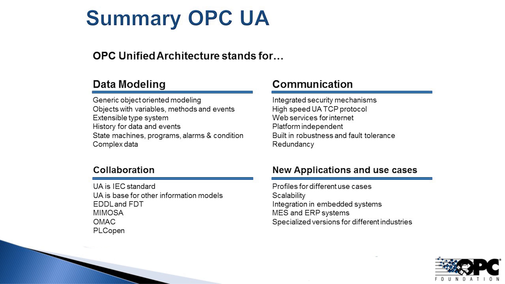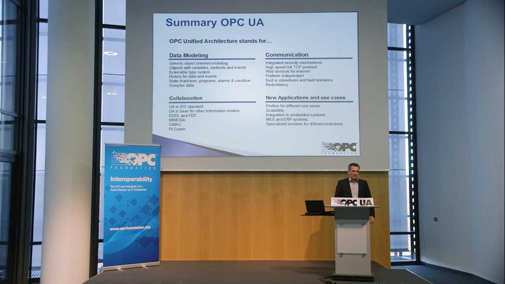We use TCP, basically. And we have a fault-tolerant communication, very robust, and we have redundancy concepts in that as well. And then the fourth basic block is collaboration. So other standardization organizations and other standard bodies define their own information models, sitting on top of OPC UA and using OPC UA as a transport mechanism and as a description mechanism for their data.